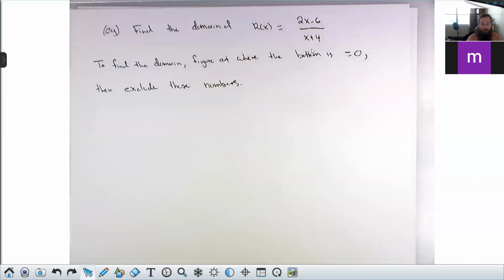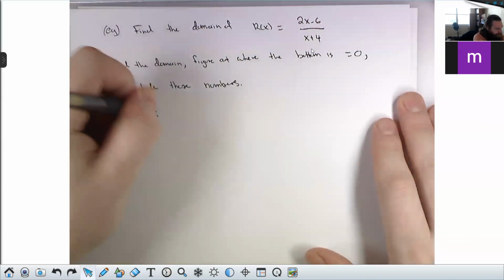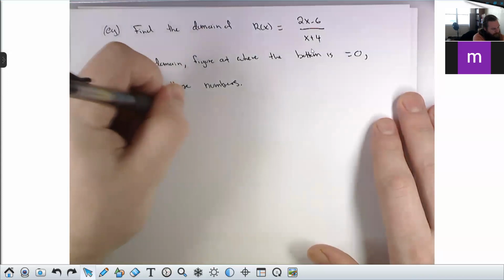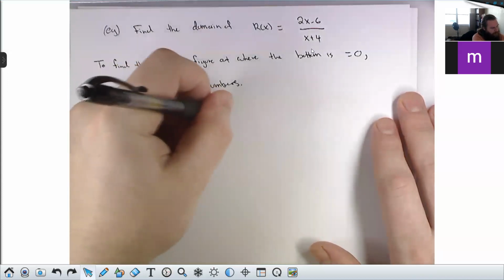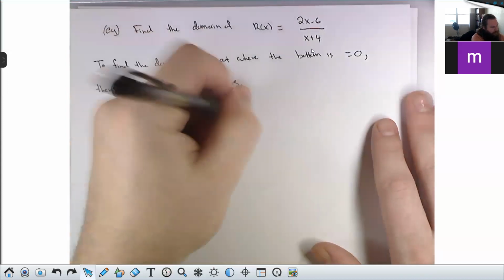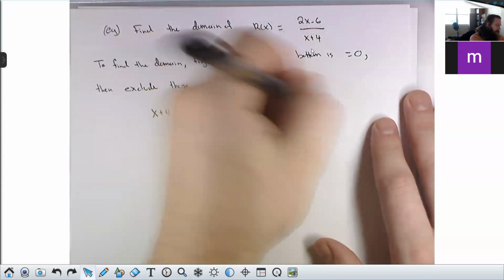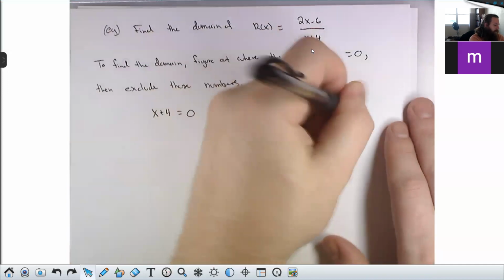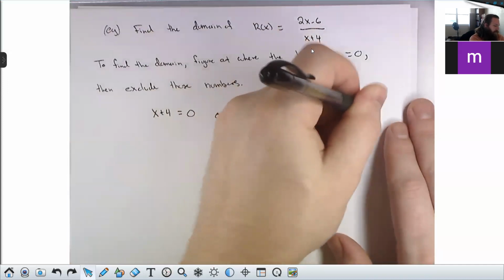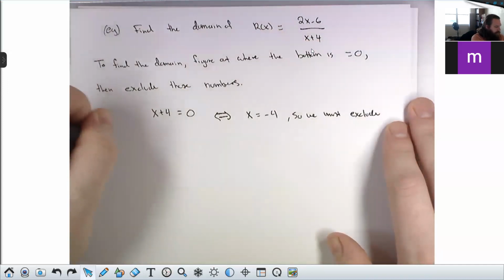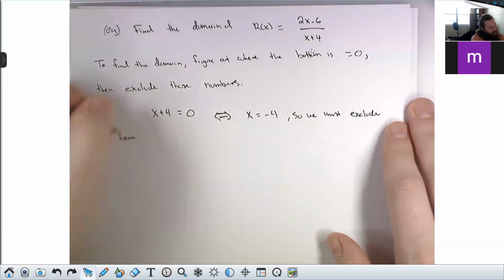This is our first kind of, we call them domain red flags, or things you need to watch out for when you're finding the domain of a function. The bottom here would be equal to 0 if and only if x is equal to -4. So we must exclude -4 from the domain.